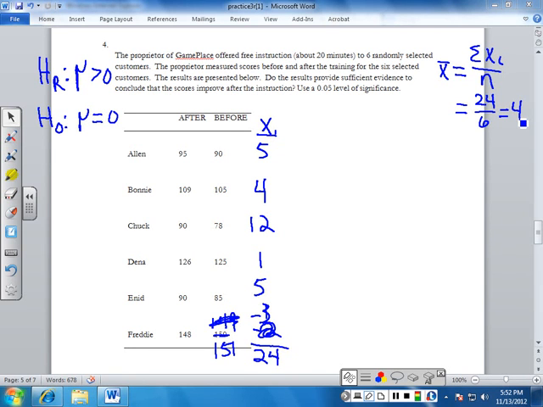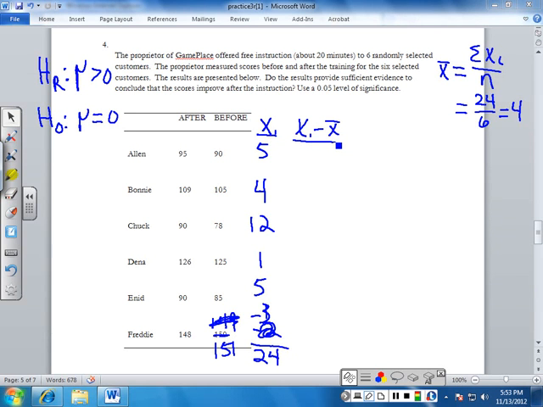Then to get the standard deviation, I'm first going to get the deviations. This is going to be a t-test, right? So that means I'm going to need the sample standard deviation. So I'm going to, in this case, have to calculate it. X sub i minus x bar.